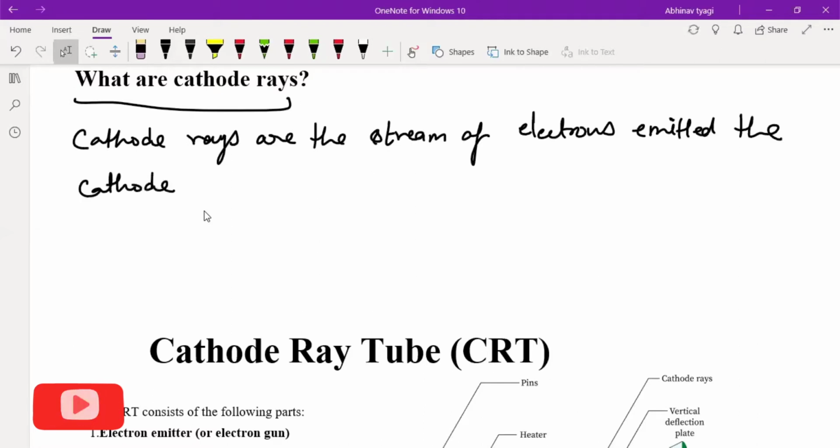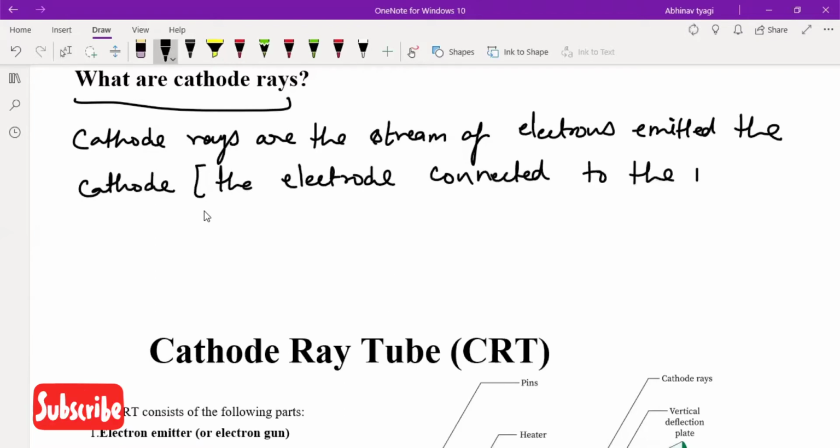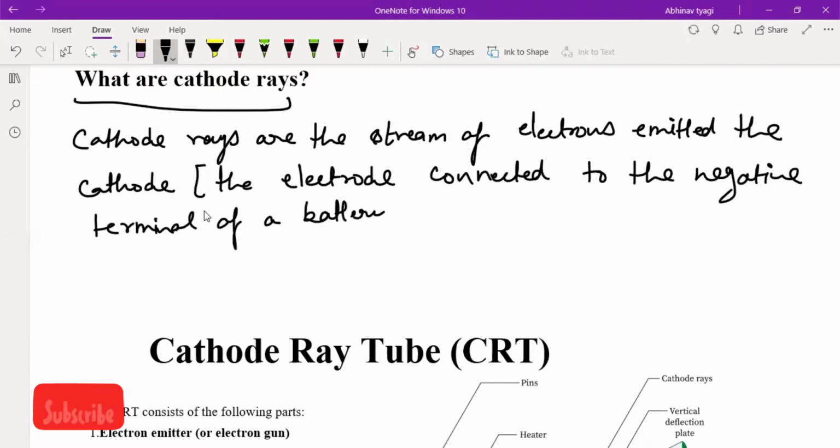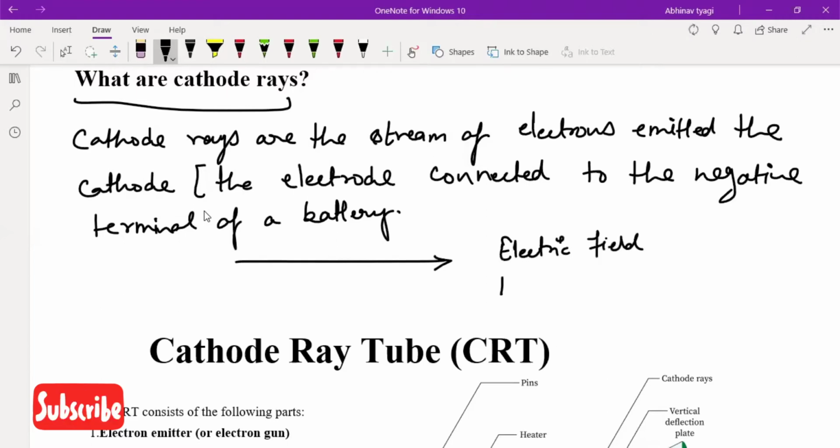And what is cathode? The electrode connected to the negative terminal of a battery. These rays travel in a straight line like this, and they can be deflected by electric field and magnetic field.